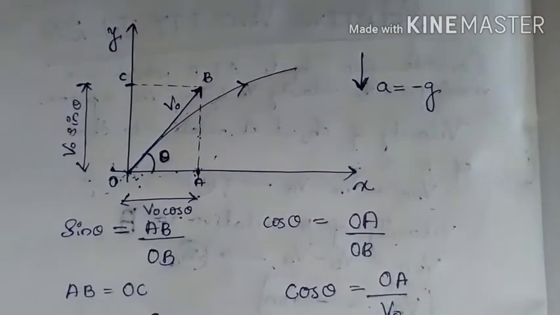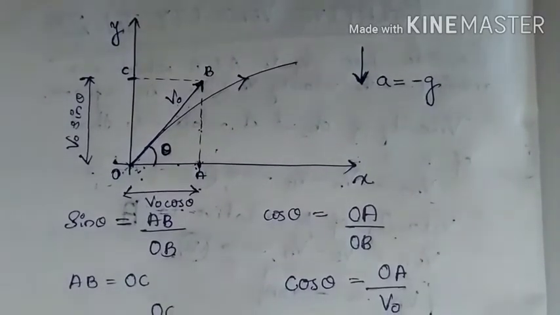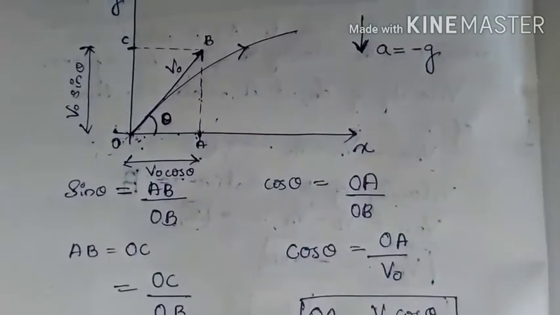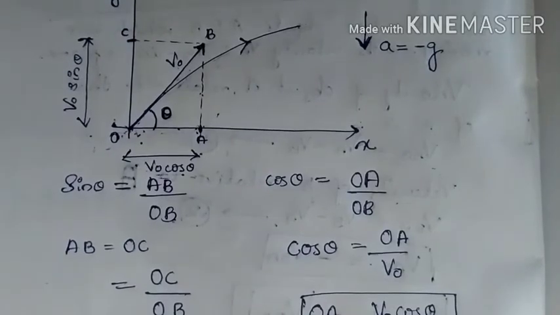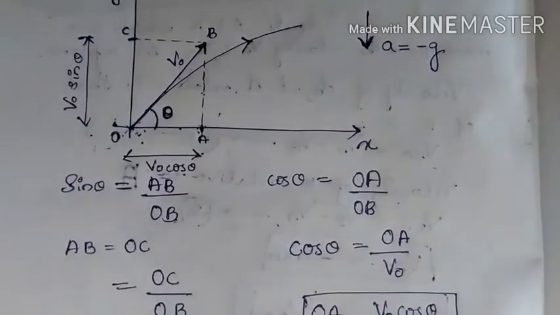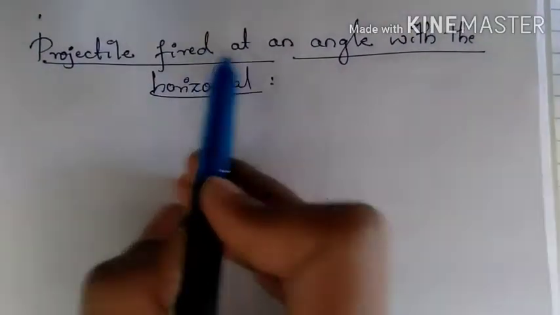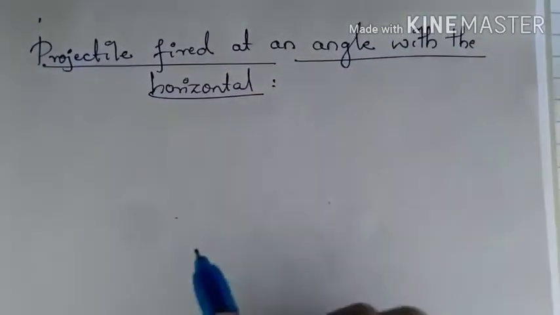This is the basic diagram that you have to understand before understanding projectile motion. Hope this is clear to you all. Now let us go to the projectile fired at an angle theta with the horizontal or x-axis.